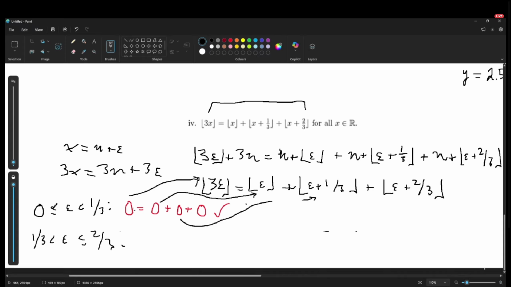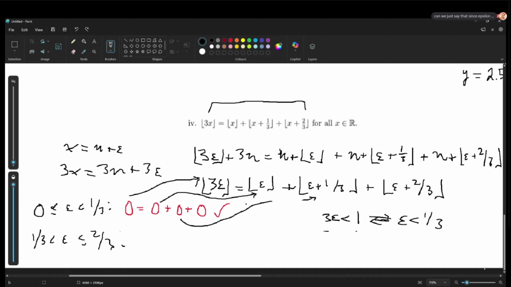So I just check both sides of the equality. I know that 3 epsilon is less than 1, and this only happens if epsilon is less than 1/3, right? So that's why the left side is 0. Check each of these as well. I know that epsilon is less than 1/3, so therefore this one is 0.